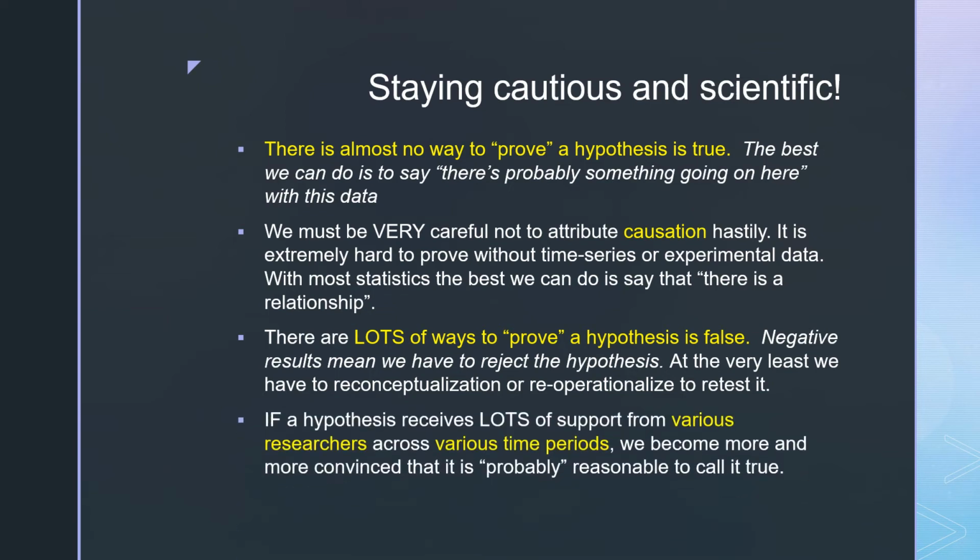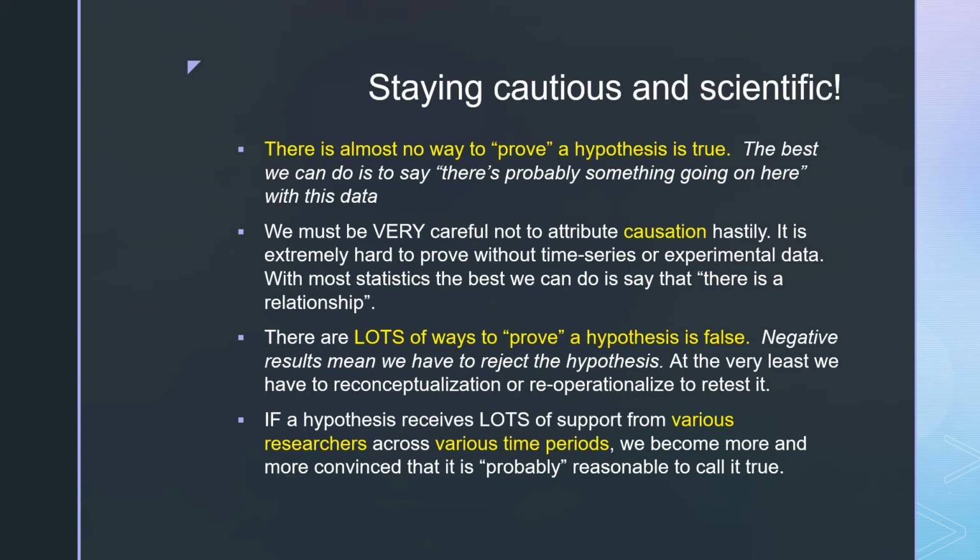If a hypothesis receives lots of support from various researchers across various time periods, we become more and more convinced that it is probably reasonable to call it true. Once that happens, we can start calling something a theory. A theory in science is the gold standard of scientific research.